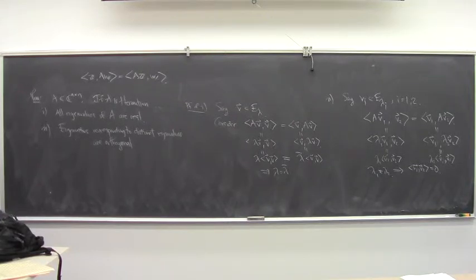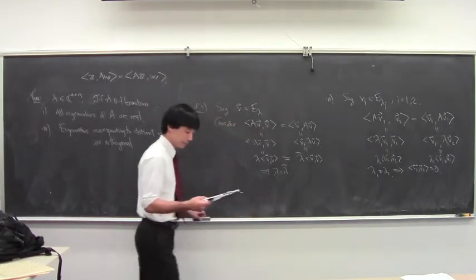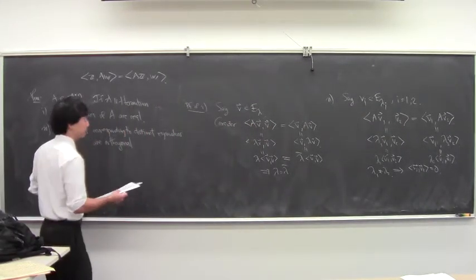So that's pretty cool. Whenever you have a Hermitian matrix, you look at the eigenspaces, and they are all perpendicular to each other. So you're thinking, well, okay.